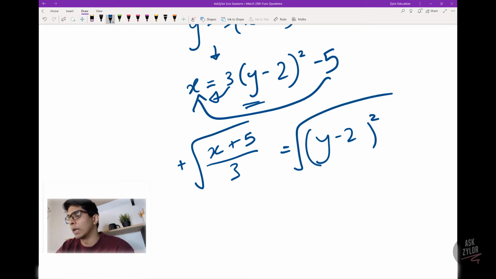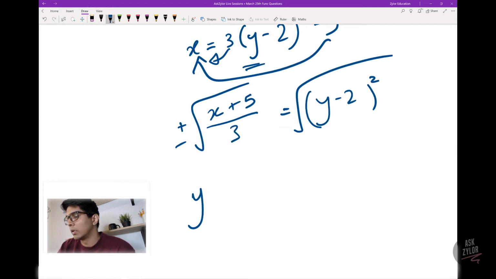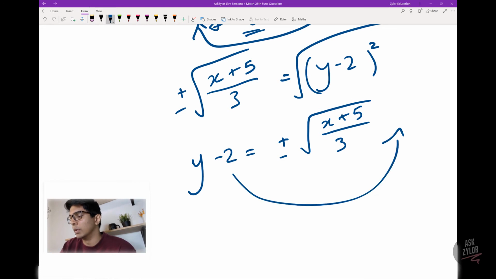When I square root, I can have a plus or minus. So y minus 2 is equal to plus or minus the square root of (x plus 5) over 3. And then I'm going to bring my 2 over to give me plus 2.